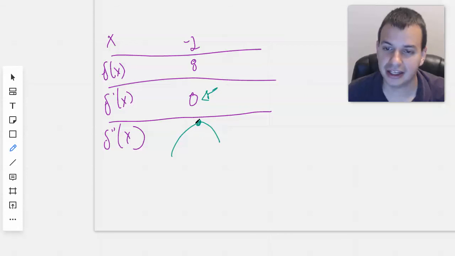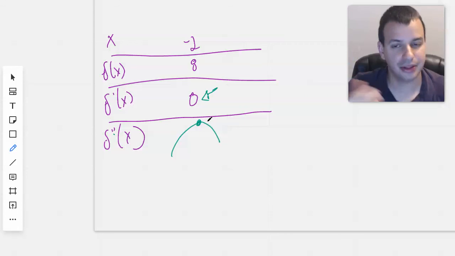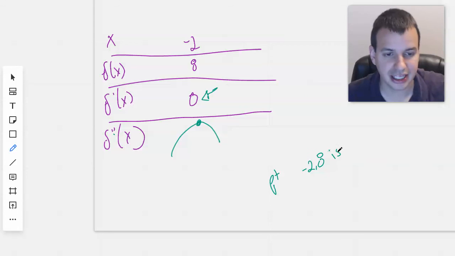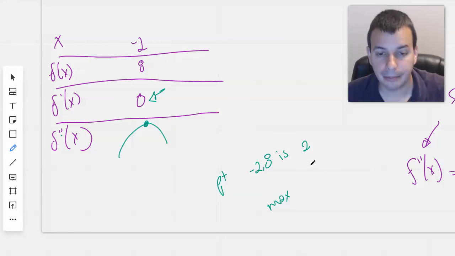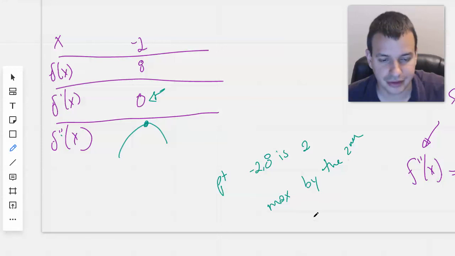We then did the second derivative test, and we got a negative concavity. So I draw negative concavity, like the top of a hill. And so the point (-2, 8) is a maximum by the second derivative test.